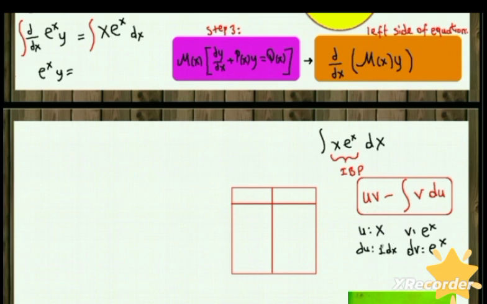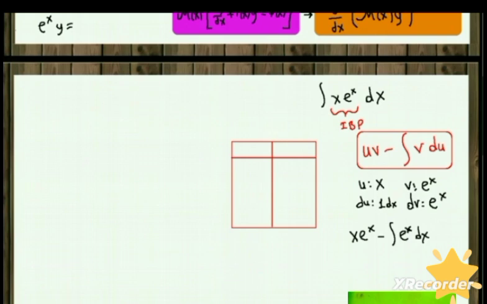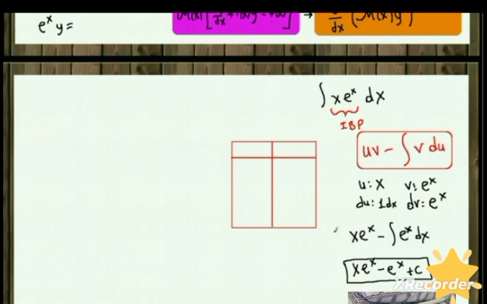Now let's plug in. u is x, v is e to the x, minus integral of v, which is e to the x, du is 1 dx, 1 times e to the x is e to the x dx. Integral of e to the x is e to the x plus c. So this is the integral after integration by parts.